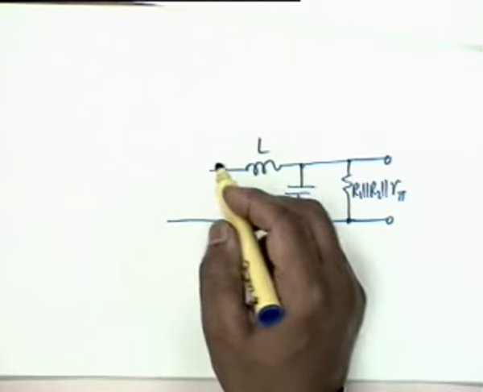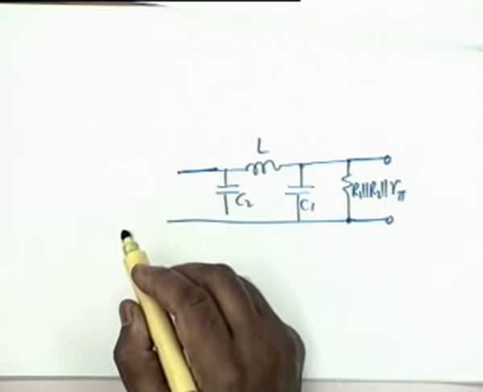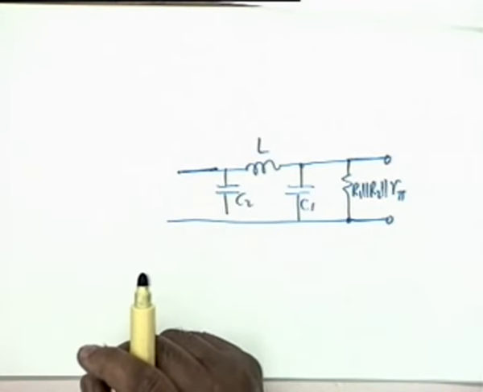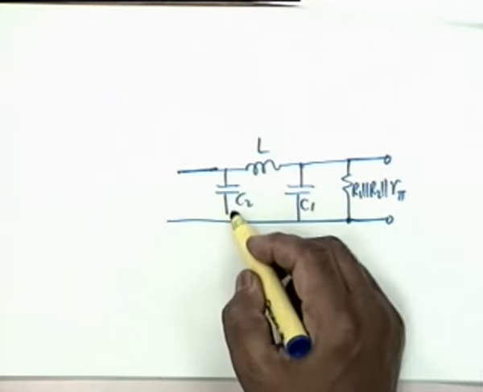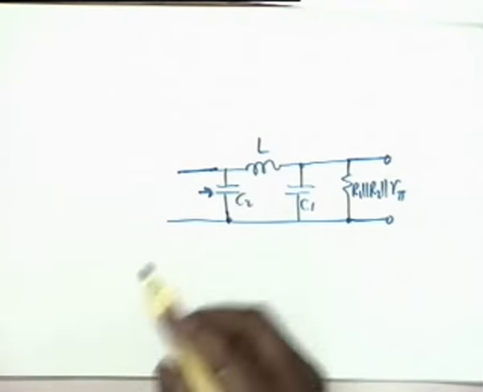Now what comes here? Here comes the RF choke, which for all practical purposes can be taken as of infinite impedance as compared to the impedance offered here, and therefore we can ignore that.